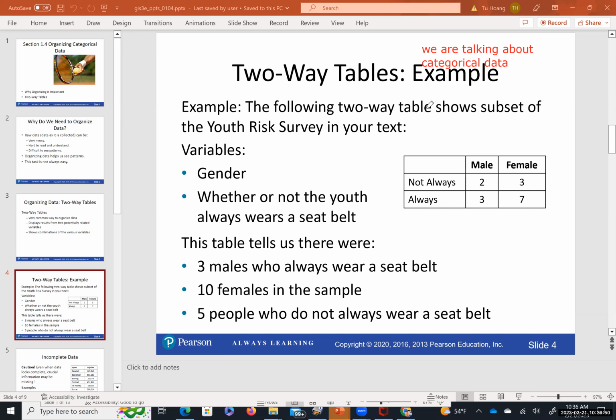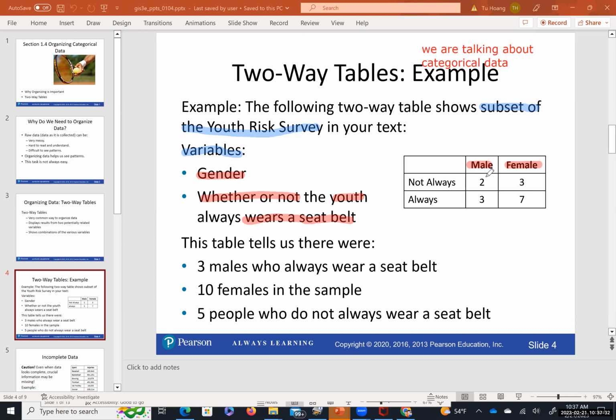So for example, the following two-way tables show a subset of your risk survey in your text. Variables can be gender as categorical, and whether or not the driver always wears a seatbelt, so yes or no, also categorical data. In this table we have male and female, and not always or always.